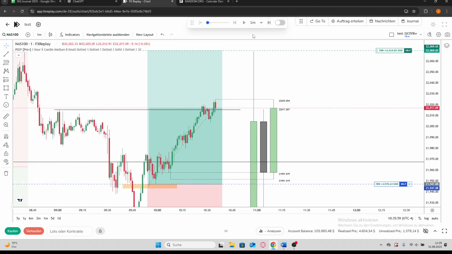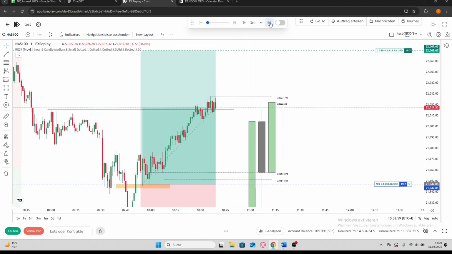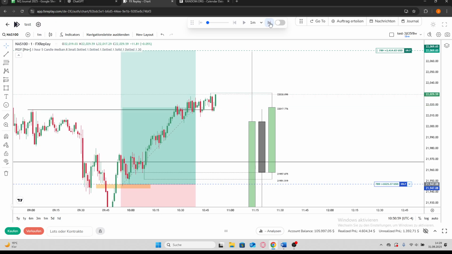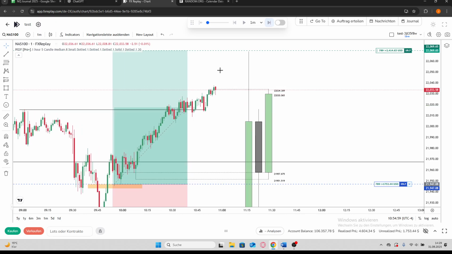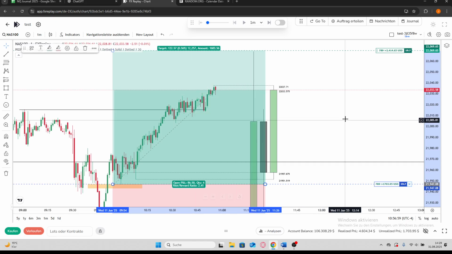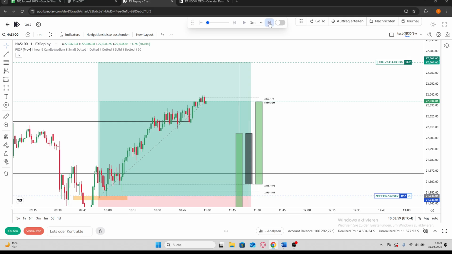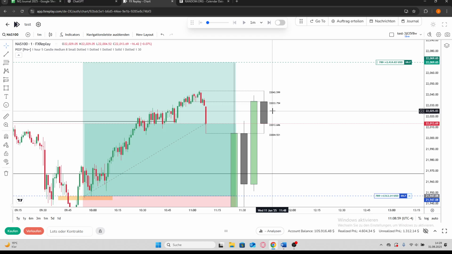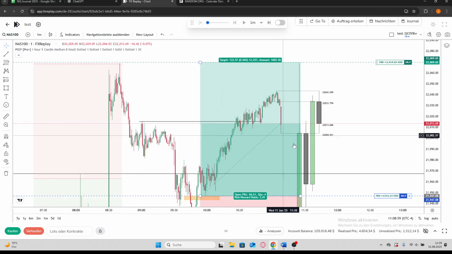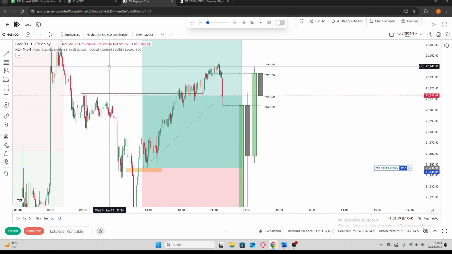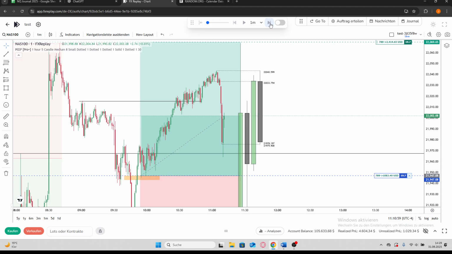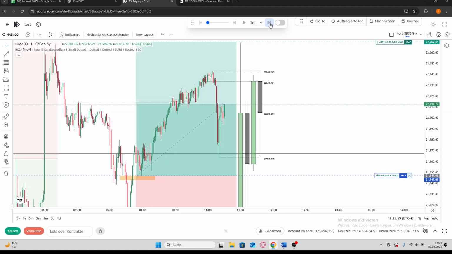But price seems stable here at the moment. I still want to stay in this trade. Well, okay, we have a buyback here.